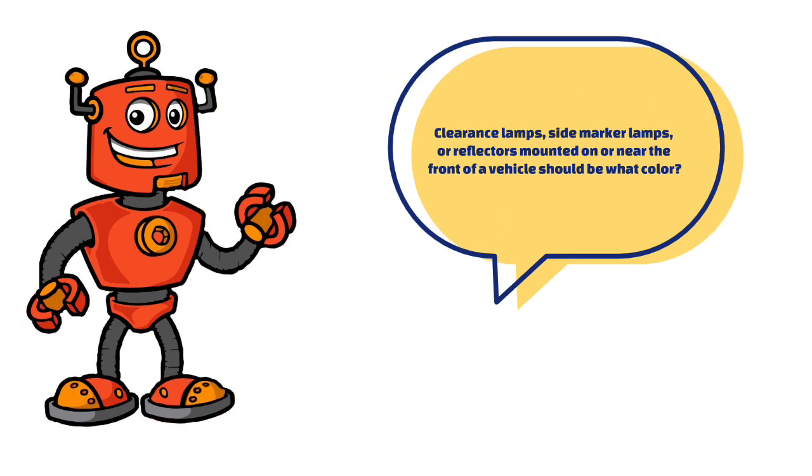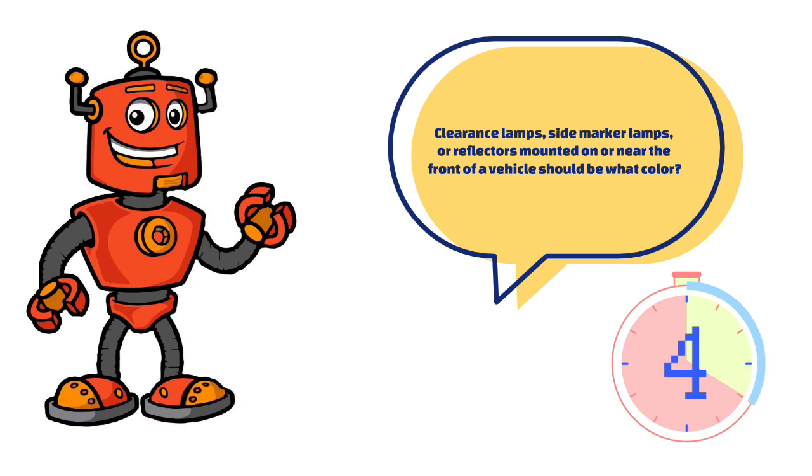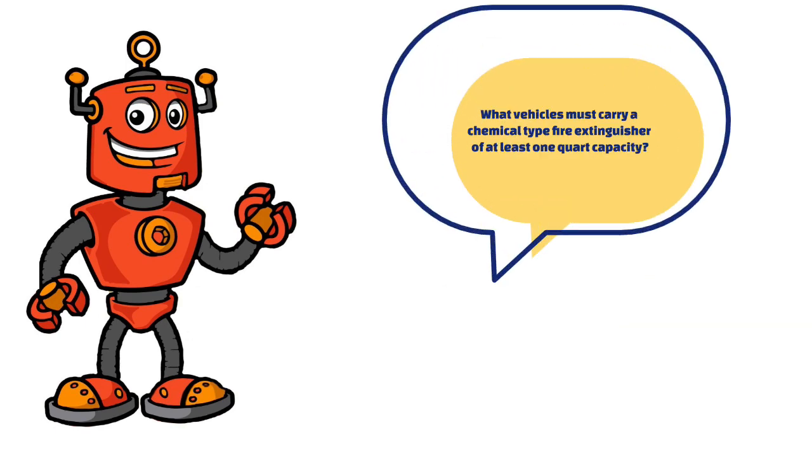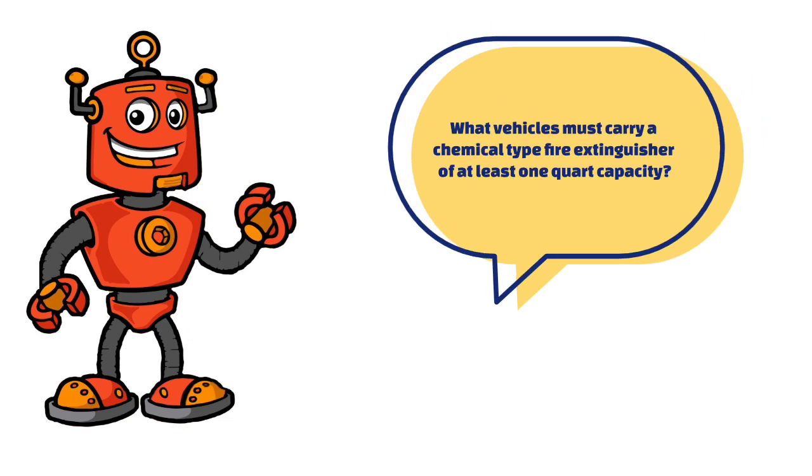Clearance lamps, side marker lamps, or reflectors mounted on or near the front of a vehicle should be what color? What vehicles must carry a chemical-type fire extinguisher of at least 1 core capacity?